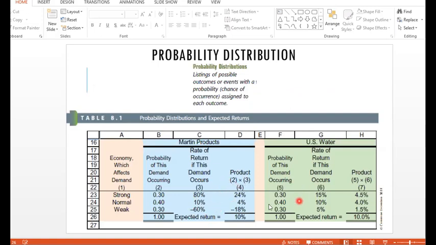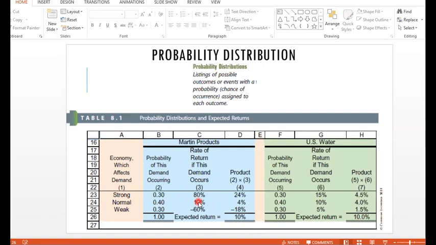Here you can compare these two companies, Martin Products and US Water. Both companies' average or expected return is the same, 10% and 10%. But you can see that the dispersion is very high in Martin Products, meaning the deviation from the mean is very high.